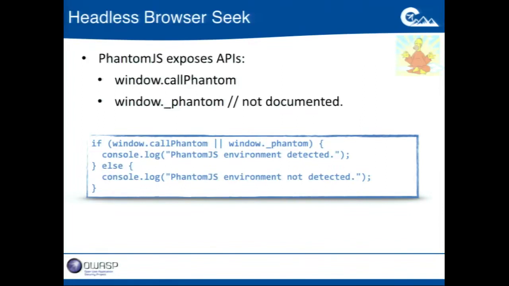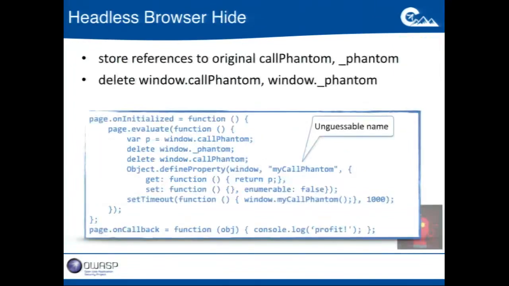If you want to spoof it, it's easy: just delete window.callPhantom at the beginning, when the page is loaded. Then the code embedded inside the page will not detect whether it's Phantom.js. But in a lot of cases, you still want to send callbacks from the page to Phantom.js, so you cannot just delete it.